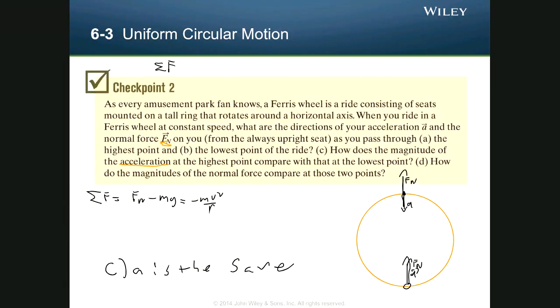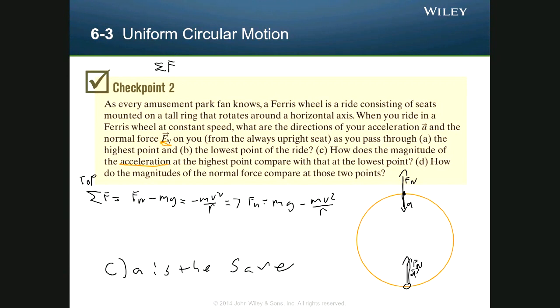So we can say up here that Fn at the top equals mg minus mv squared over r. Okay? So that's the top.